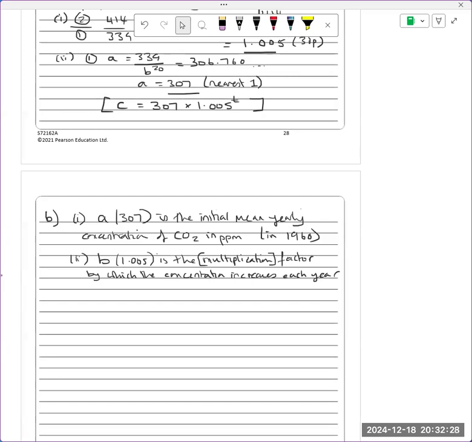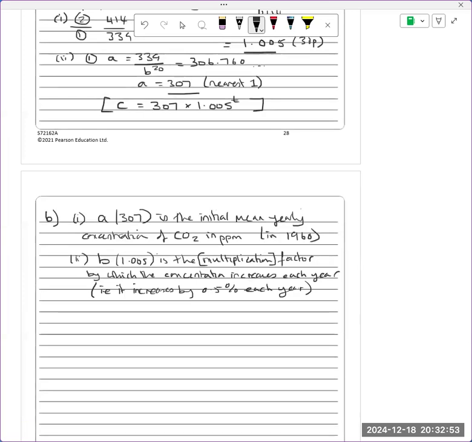There's no harm in demonstrating that you understand that 1.005 means 0.5%. So you could say, i.e., it increases by 0.5% each year. There's no harm saying something like that because it shows you understand it.